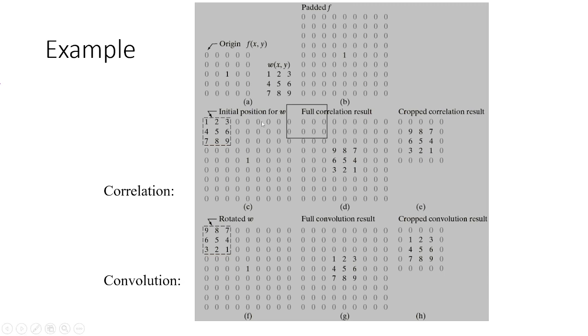So the original image has only one bit here to be transferred, and it is padded with zeros all around. See, it will become like this: 1, 2, 3, 4, 5 with the 0. As it is, correlation becomes like this. Then cropped, what is it? Convolution, because it is rotated. When it is rotated, you get back to the same, isn't it?